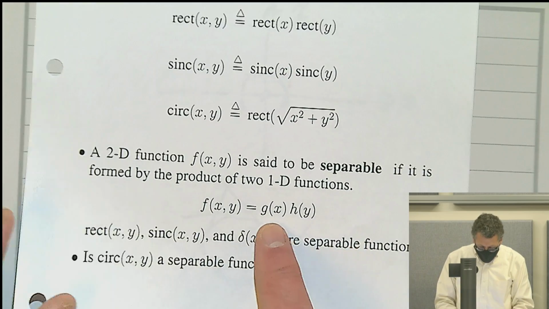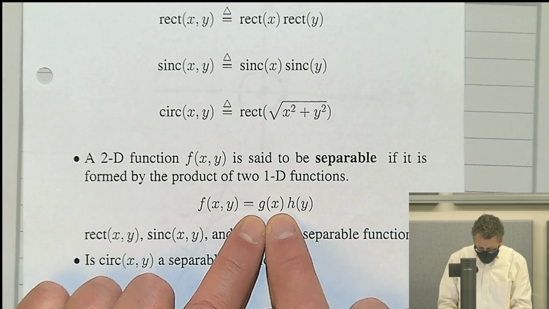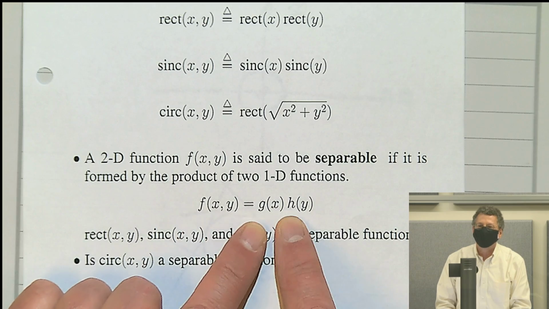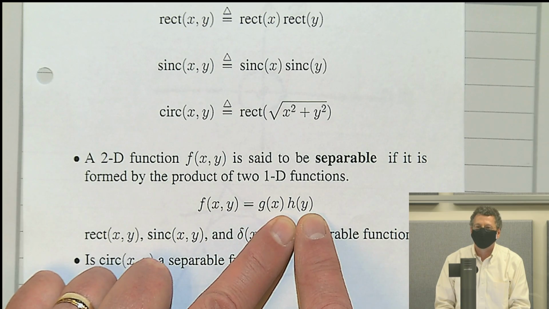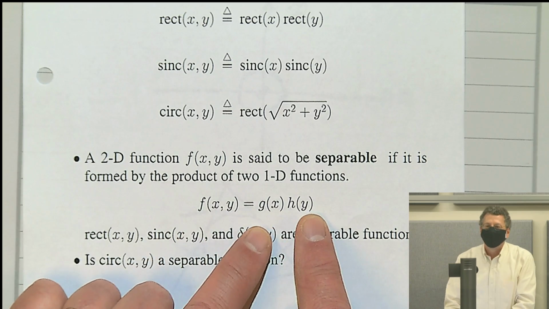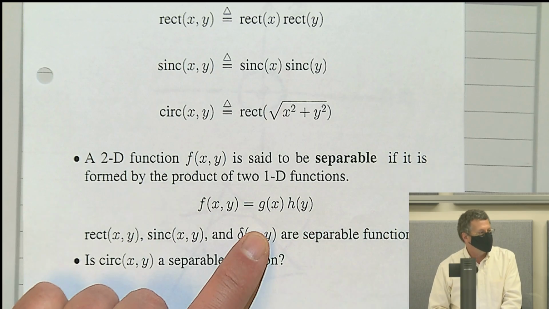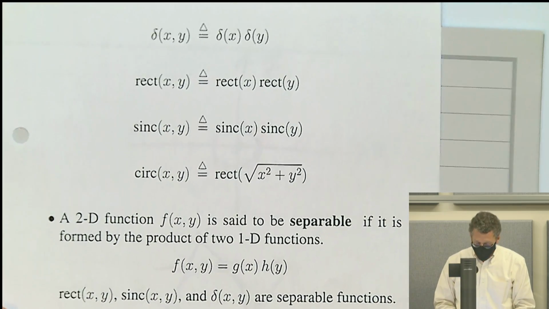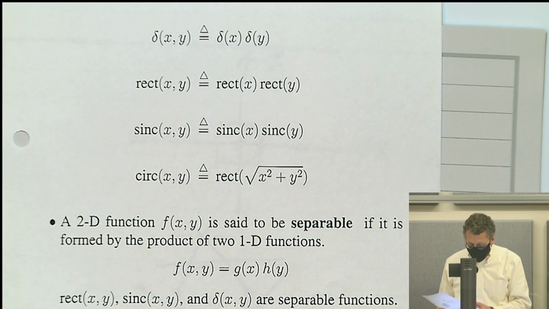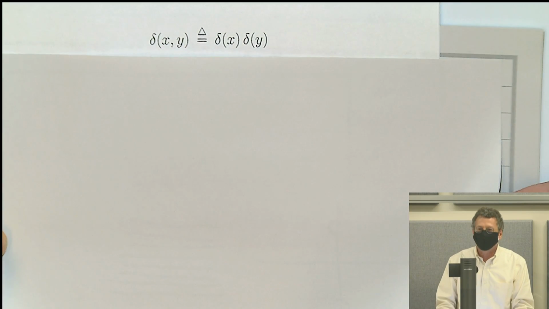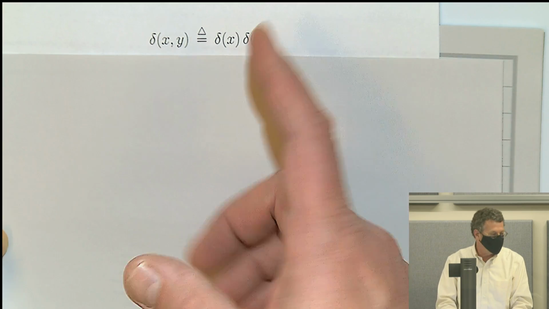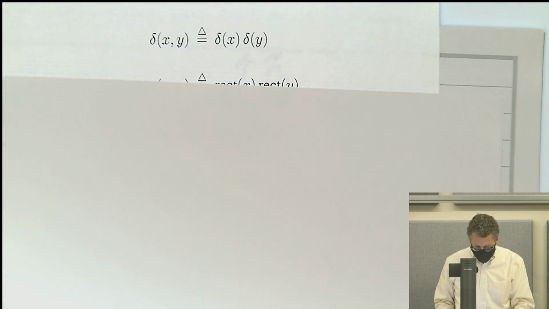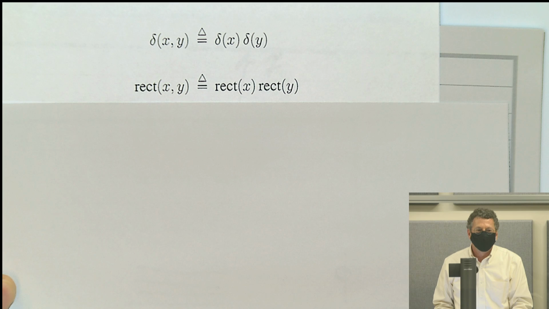And now, if a function has the property that f of x y is equal to g of x times h of y for some g and h, then it's called separable. And separable functions are very useful because they have a lot of properties which make them easier to manipulate. So this is like a yes-no quiz. Is that function separable? Yeah, obviously, because I've just written it as a product of two functions. Is that function separable? Yeah.